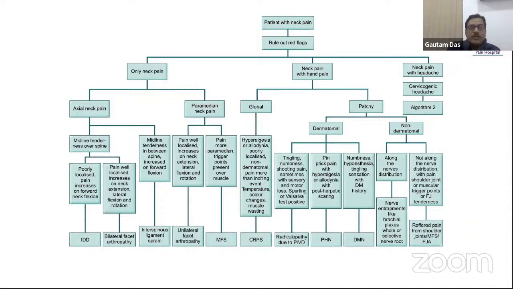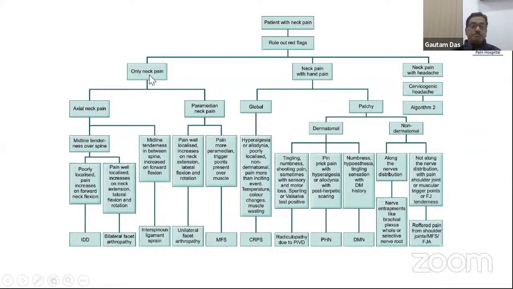But another very important area is the headache. Cervicogenic headache is basically neck pathology where the pain is referred to the head. So three broad divisions: only or predominantly neck pain, then neck pain with hand pain, and neck pain with headache, that will be discussed later on.